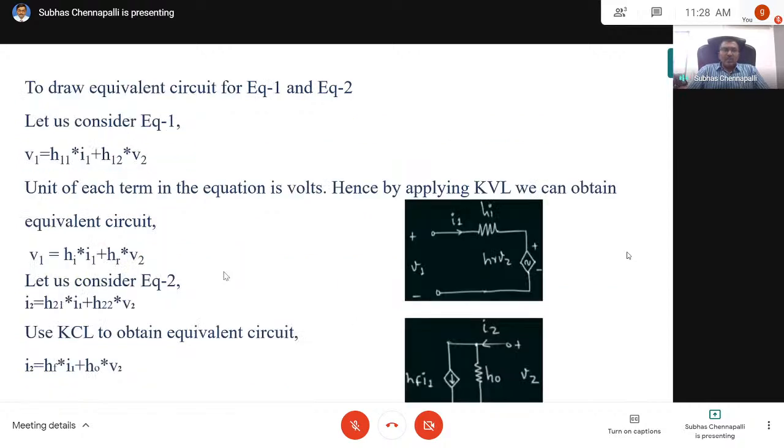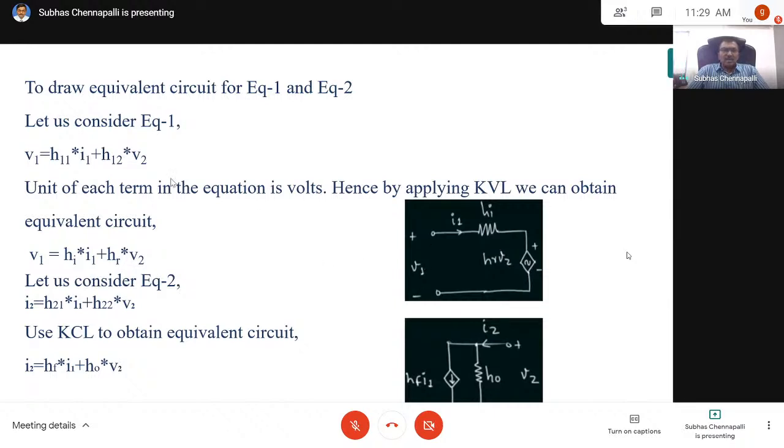Now V1 is equal to H11 times I1 plus H12 times V2, and I can draw the input equivalent circuit. The model for this equation is V1, with I1 going through H11, which is HI.